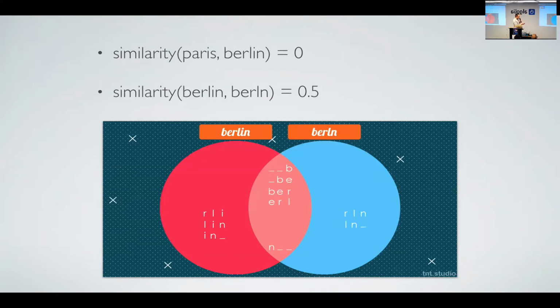You see on this Venn diagram, we have broken down those two strings into trigrams, and we simply calculate the common trigrams divided by the total number of trigrams. So in this case there are 5 common trigrams and 10 total, so 5 divided by 10 is 0.5. So that's how we get the number.